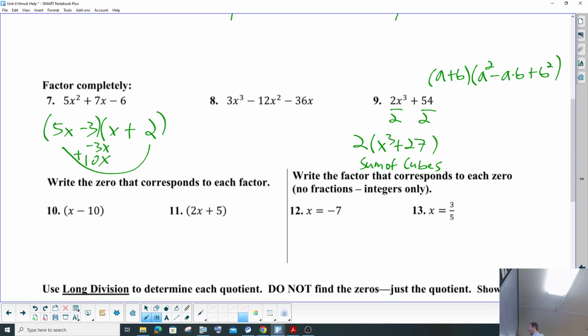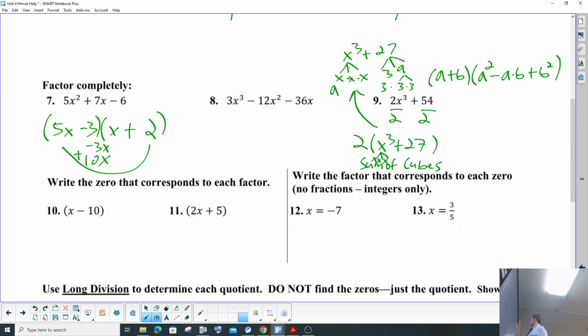And so our a comes from the x cubed. So x cubed plus 27 factors into x times x times x. And 27 factors into 3 times 9, which factors into 3 times 3 times 3.